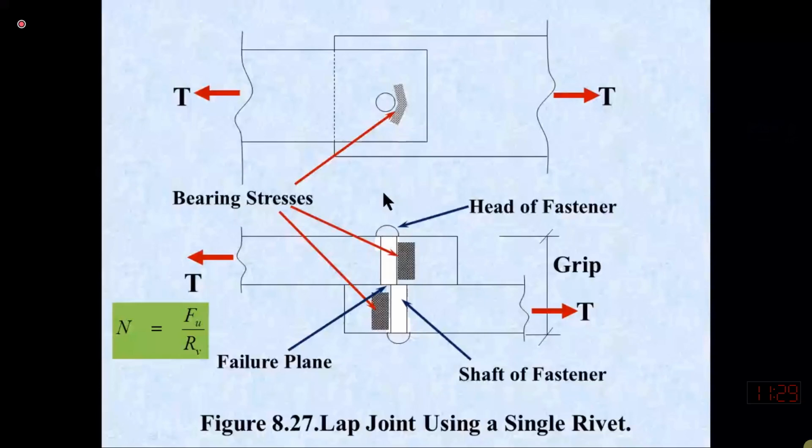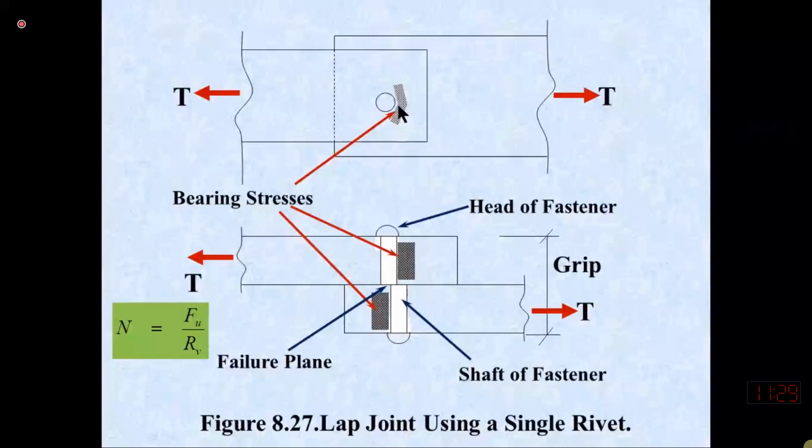So this area is bearing. The area under bearing or compression has a length equal to the diameter of this fastener and a length equal to the total thickness of the plate. So this area is under bearing.